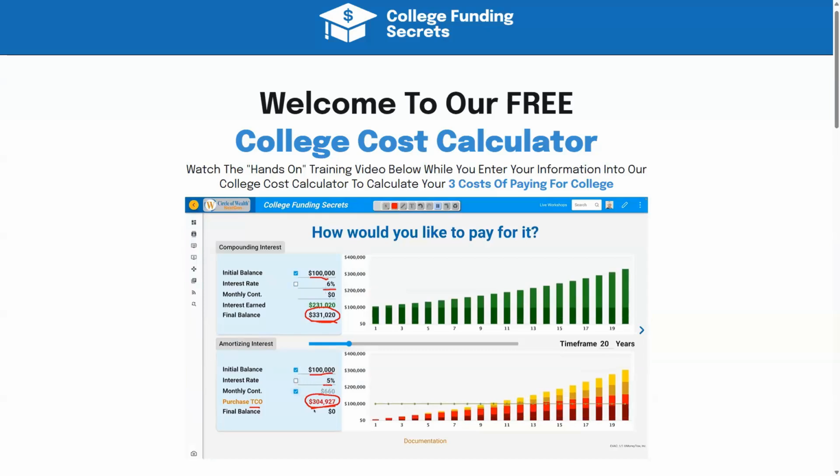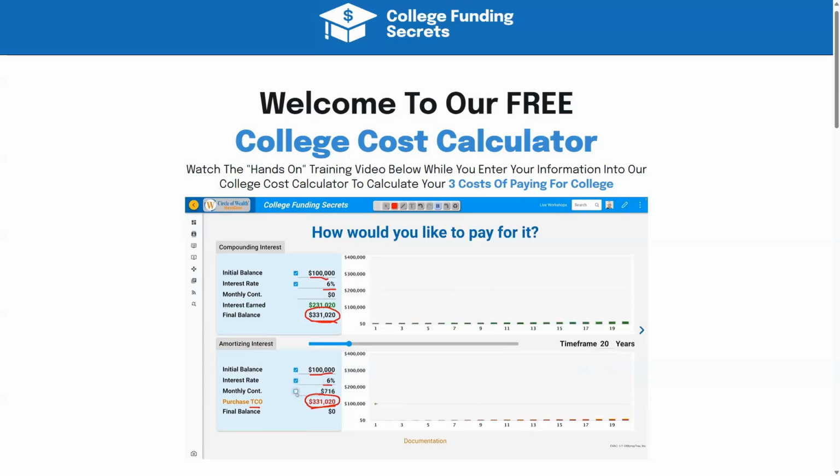Which would be better? Believe it or not, it would actually be better in this particular case to borrow the money than to pay cash for college.